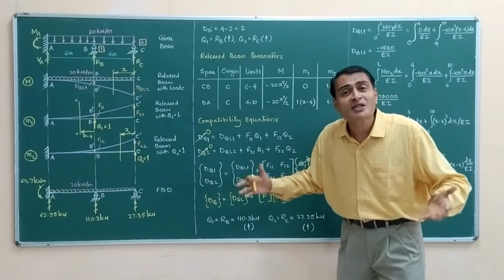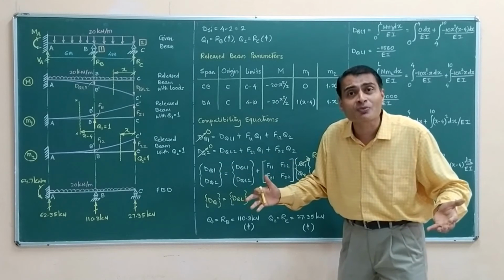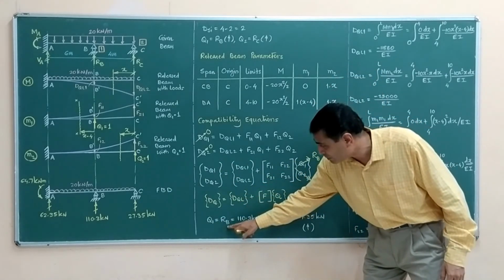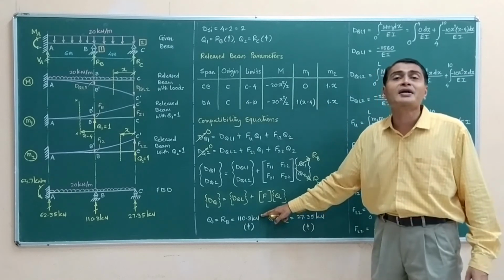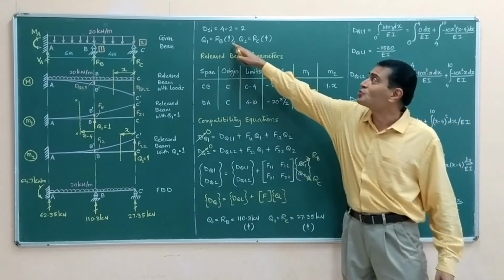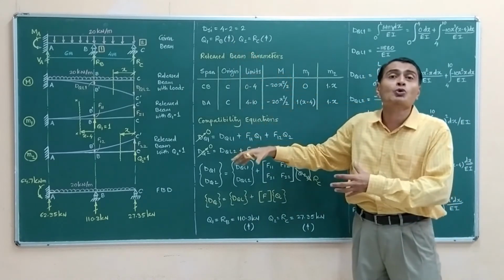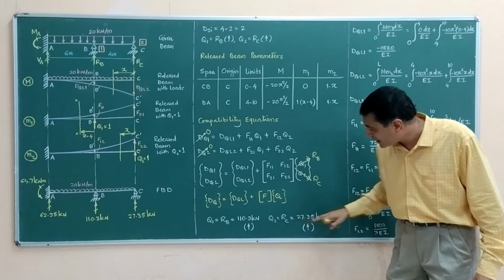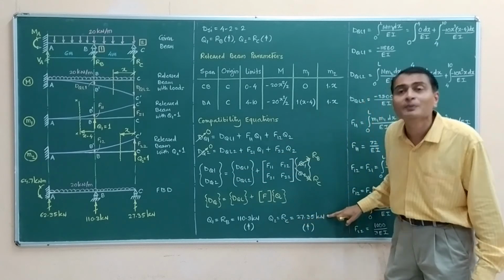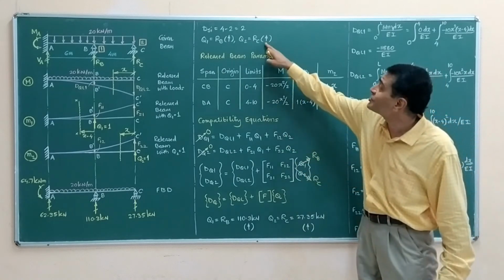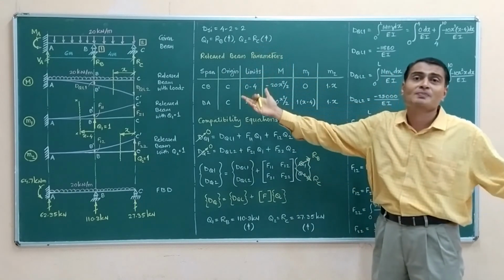Substitute. Solve these equations as simultaneous equations. You will be getting Q1, that is your RB, is equal to 110.3 kilonewtons. Positive answer means the presumed upward sense has been found to be correct. And you will get Q2 is equal to RC is equal to 27.35 kilonewtons. Again positive answer means this assumed sense was correct.